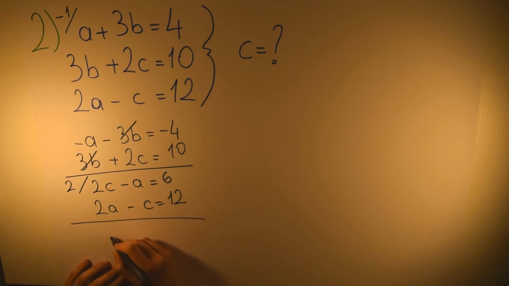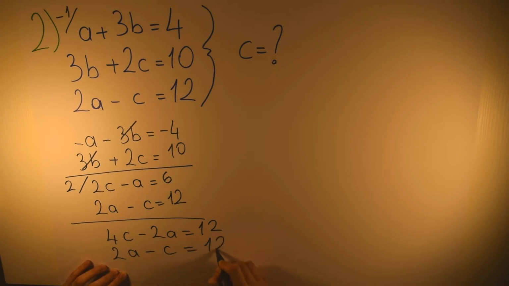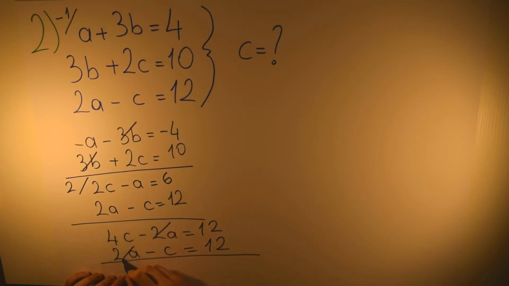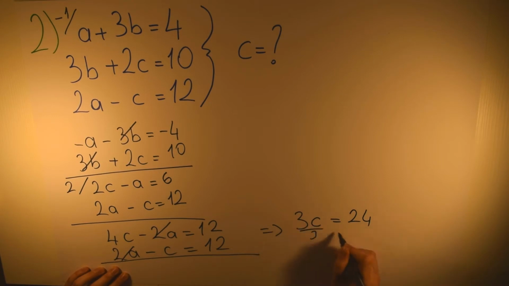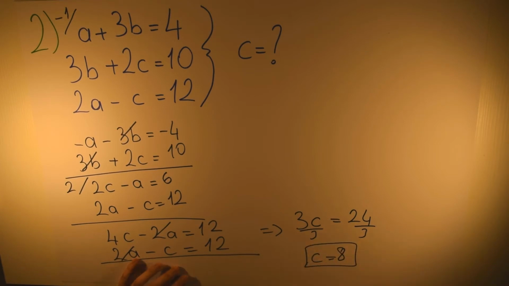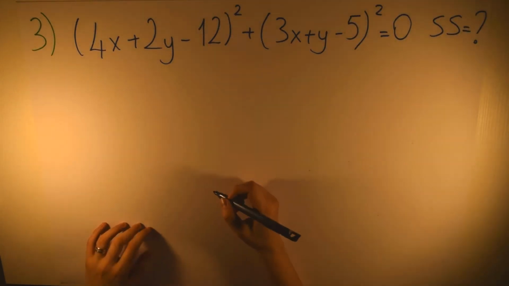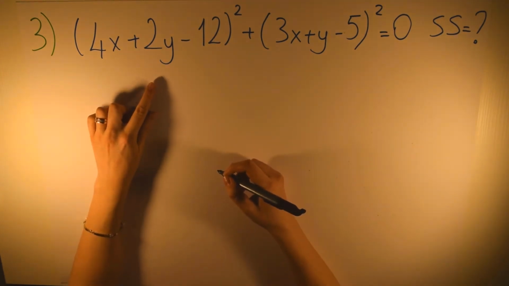Here I have 4c minus 2a is equal to 12. Here I have 2a minus c is equal to 12. So here they will cancel each other out, and from here 4c minus c is 3c, which is equal to 12 plus 12, 24, and from here when I divide both sides by 3, c is equal to 8.